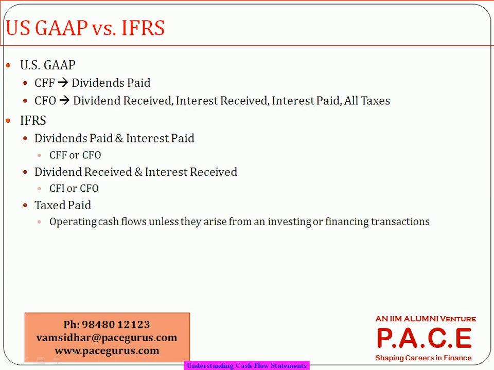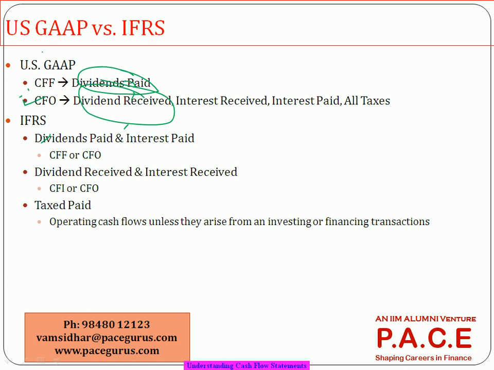So, simple. Some of the things you may have to remember with respect to US GAAP and IFRS. Regarding interest and dividends, there are some differences on where each of these will go. If we see dividend received, in US GAAP, except for dividend paid, all the others go into cash flow from operations itself: dividend received, interest received, interest paid, and even the taxes paid.